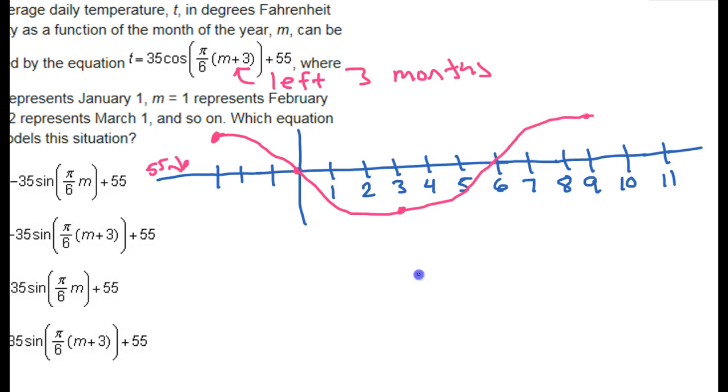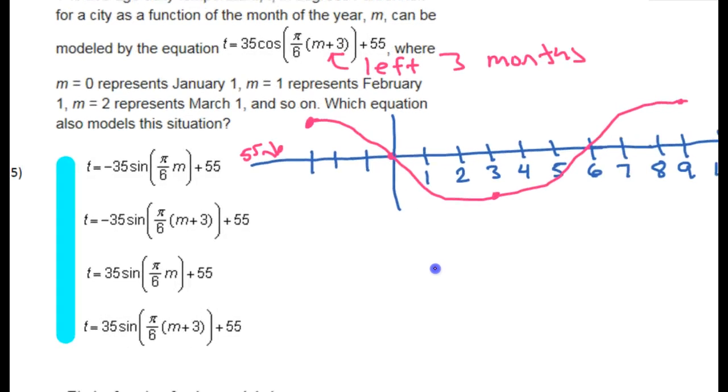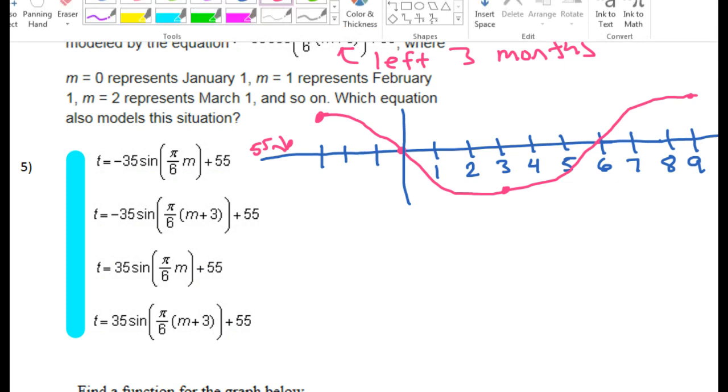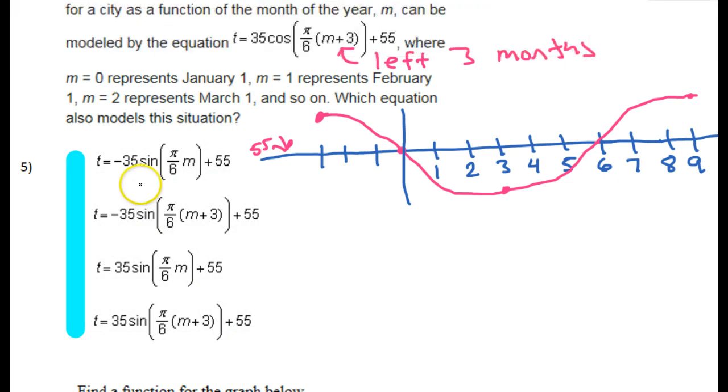Alright, so the question is, which one of these functions is doing the same thing? Now, let's look at the first one. Let me change colors. The first one is a sine function. There's no phase shift, so that means it would have to start right from the origin, but then it's a negative a value.